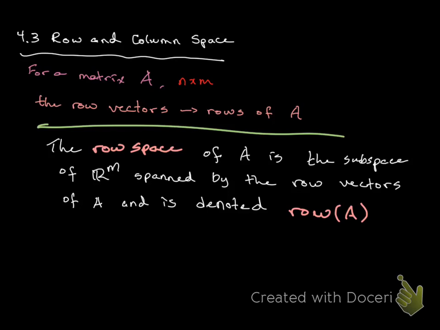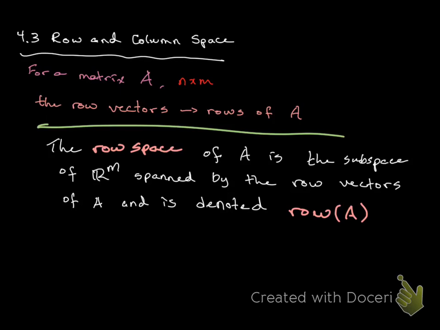So if you want to write it out, you can, but it's a little bit weird. Rm is the number of entries in each row. So the span of the rows will be something in Rm, okay?